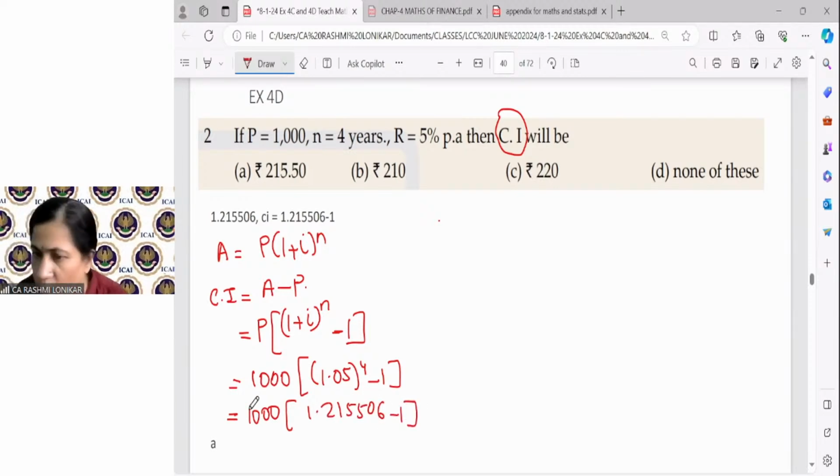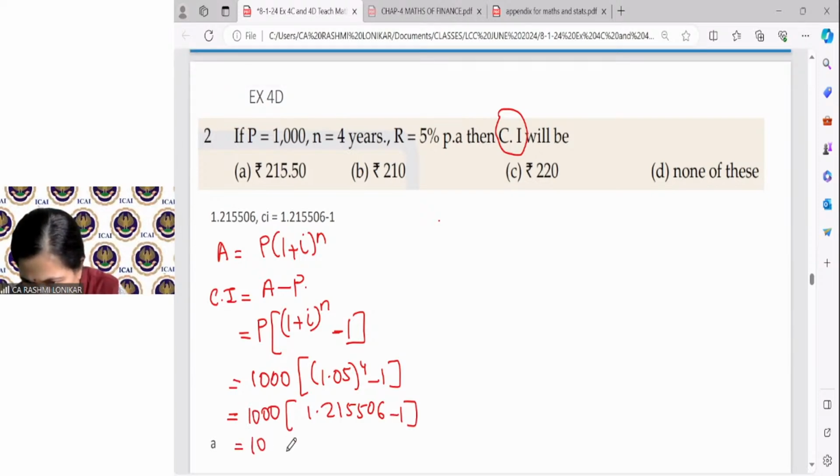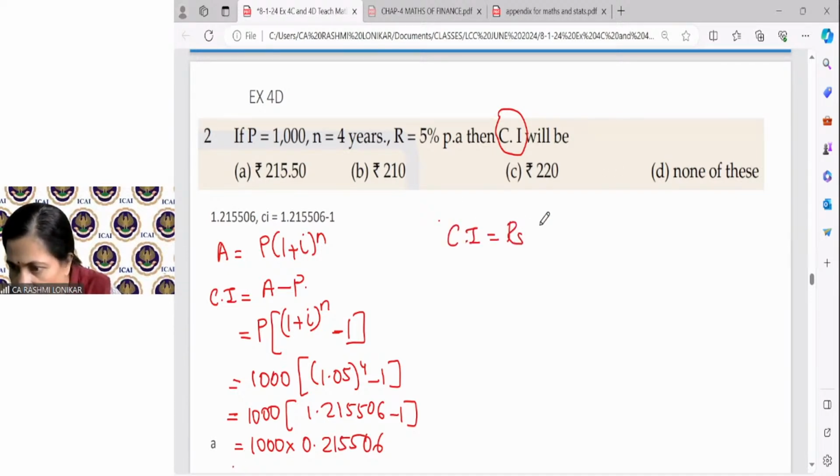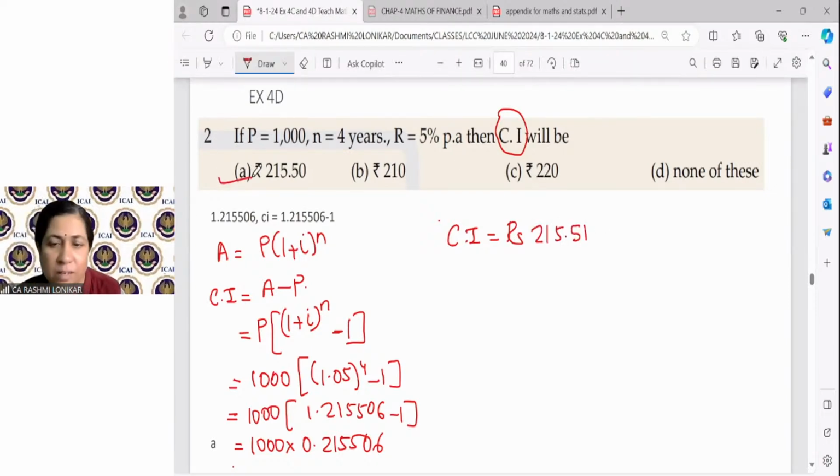This is equal to 1000 into 0.215506. 3 zeros, 1, 2, 3. So what is the compound interest? It is equal to rupees 215.51. Which is the answer? A will be the correct answer.